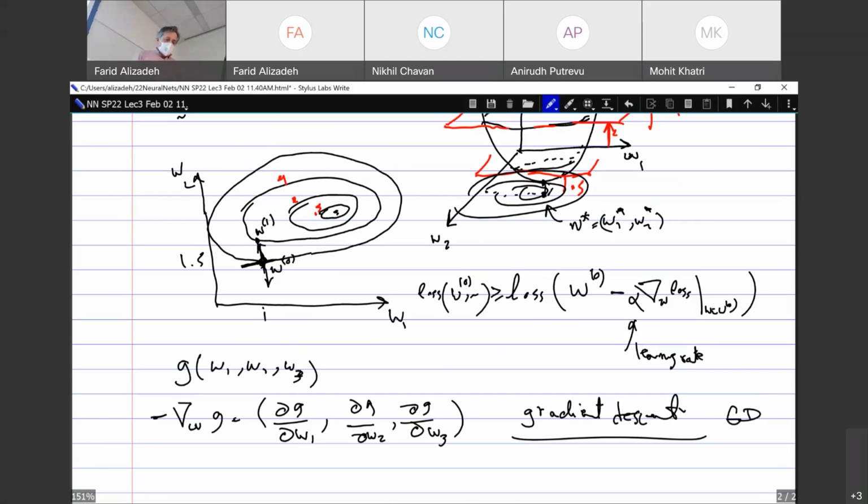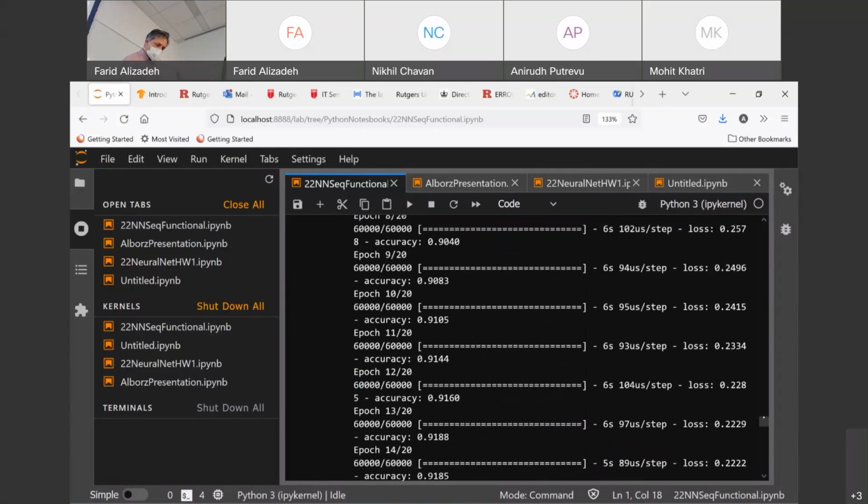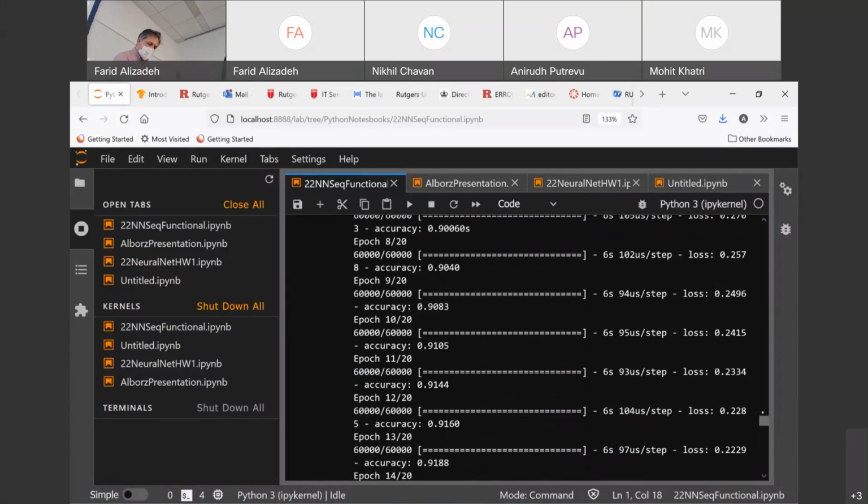In fact, if you remember, the value of the objective function was changing very slowly. So look at this. The loss function 22.